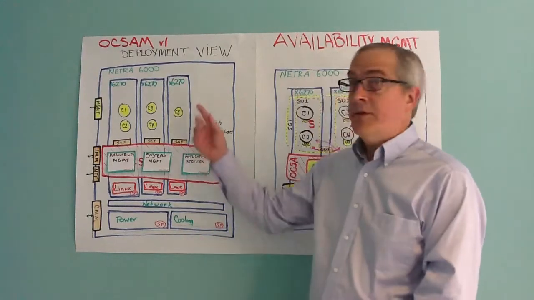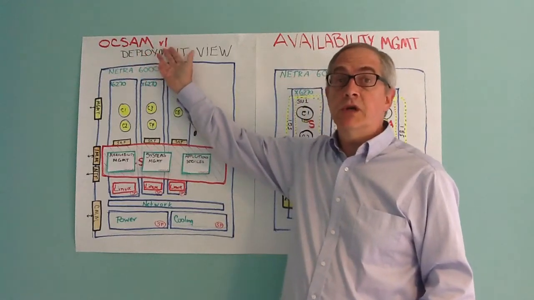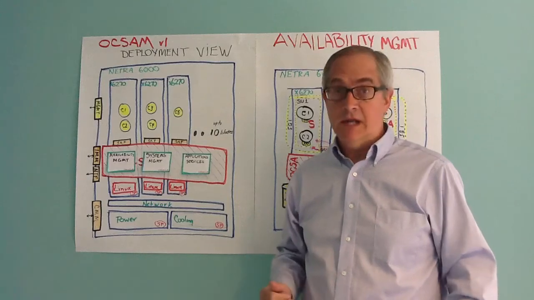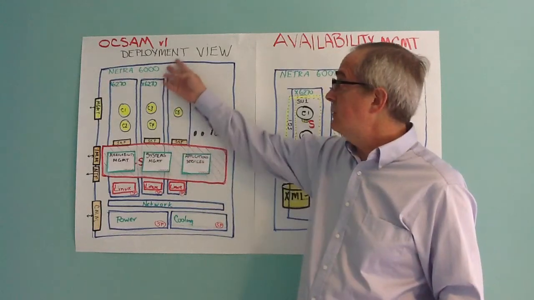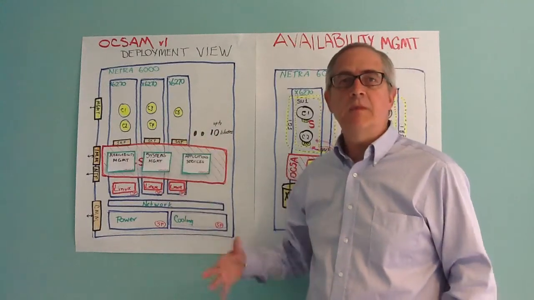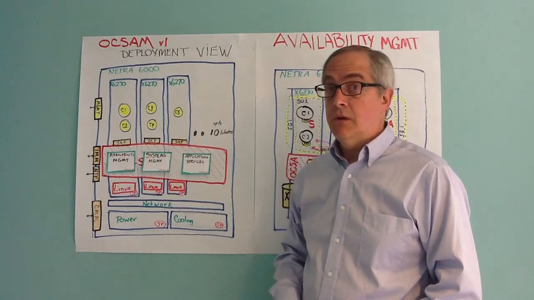You perhaps saw my previous video on Oracle Communication Service Availability Machine, where we really took a look at OCSAM from a technical point of view. And we used this deployment view map of the various compute assets, both software and hardware, that come together to support the OCSAM overall system.